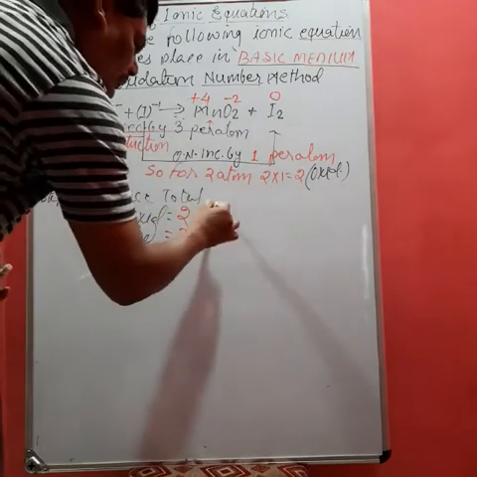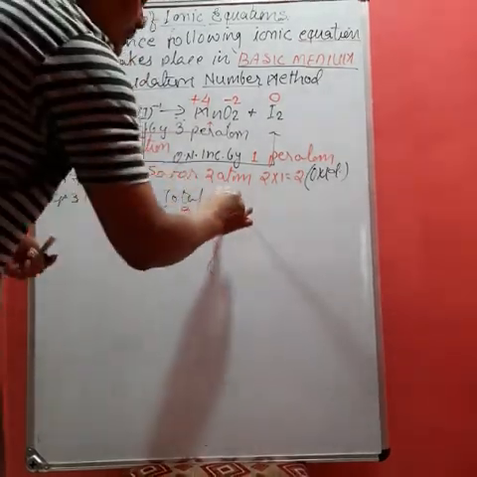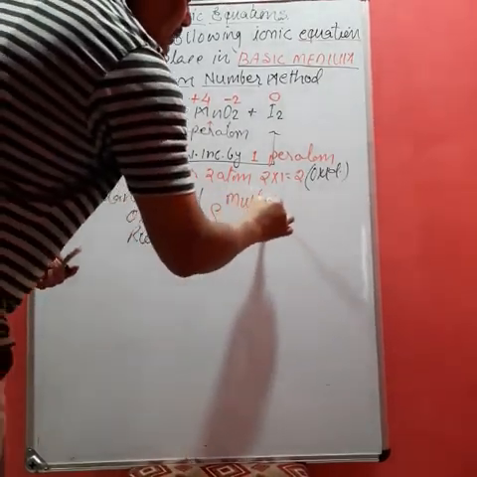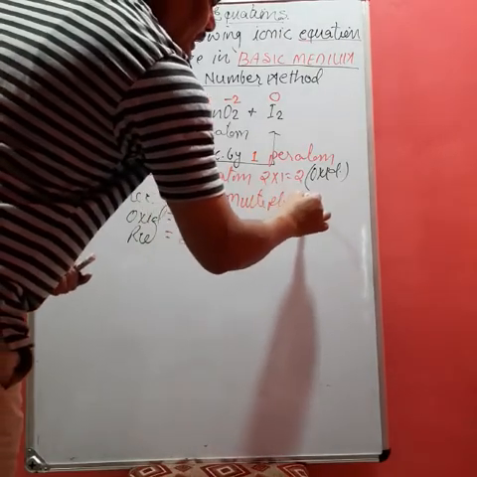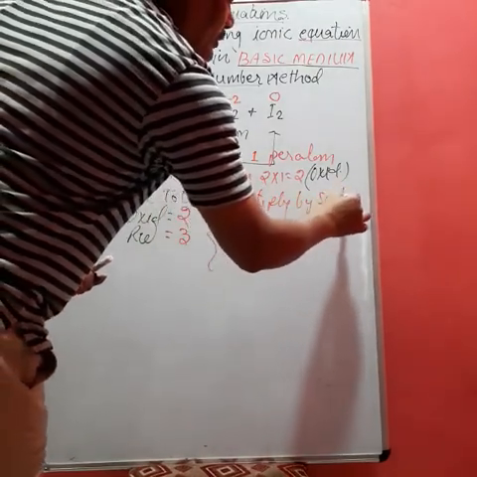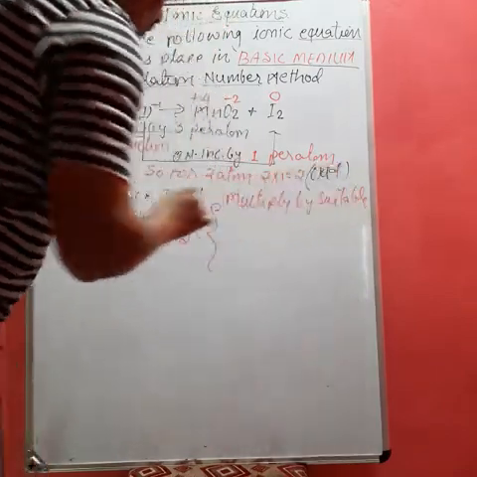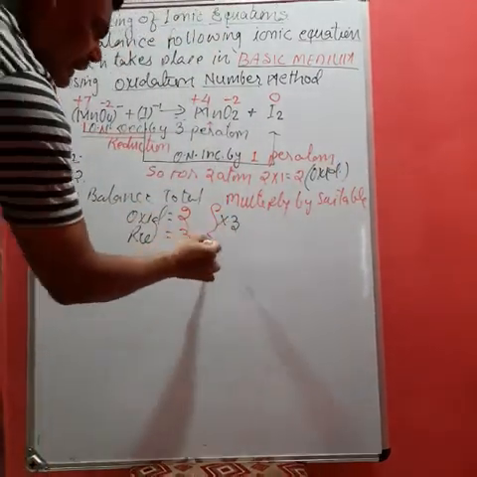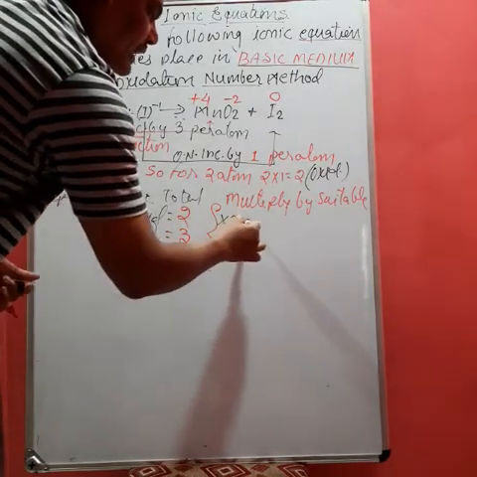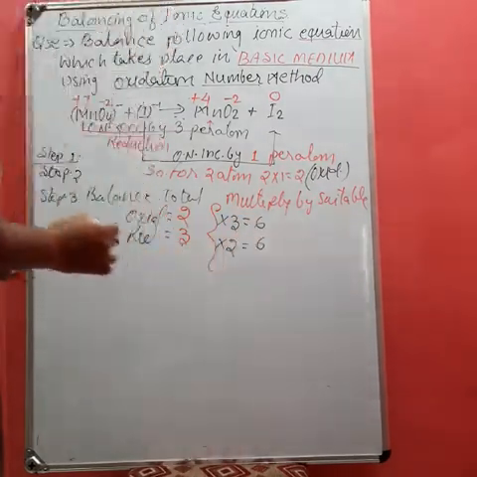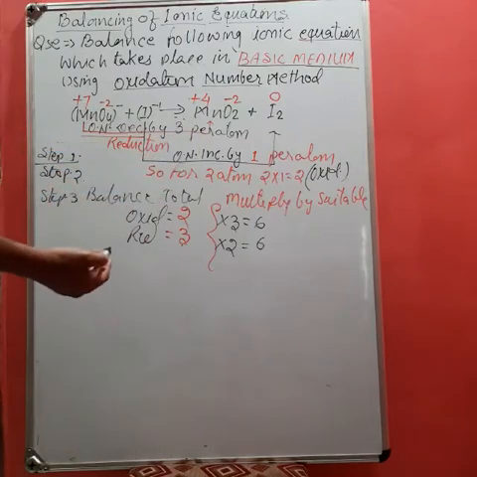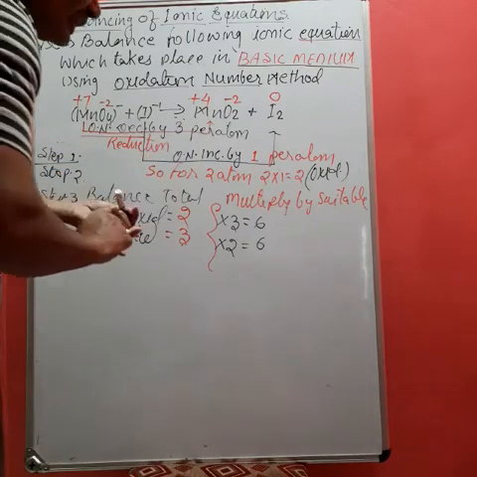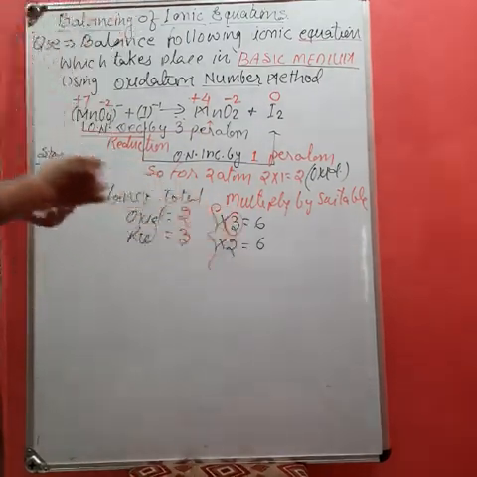So what to do? Multiply by a suitable number. 2 should multiply by 3, cross multiply, and 3 should multiply by 2. That will become 6, and this will become 6. Now rewrite the equation by multiplying with these numbers, that is 3 and 2.